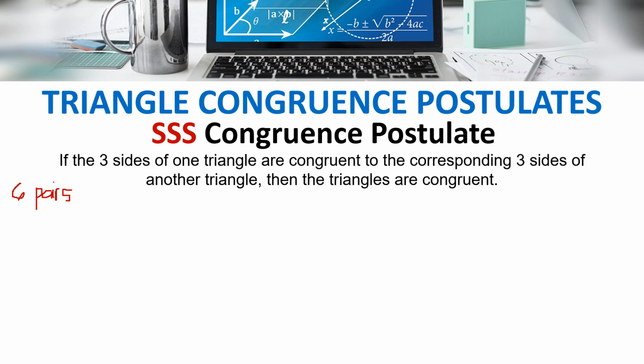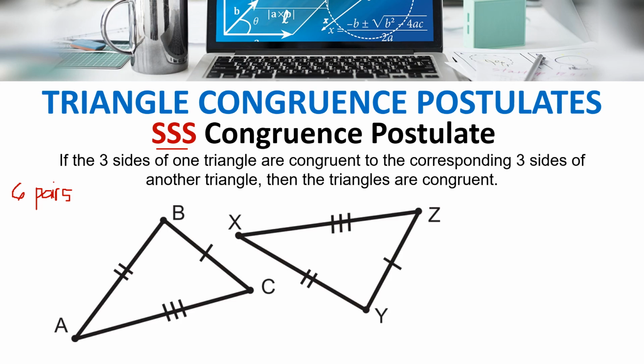Pero sabi sa ating SSS Congruence Postulate, yung tatlong sides lang daw is enough for us to conclude na congruent nga yung dalawang triangles. So, let's take a look at this example. Okay, ayan na naman, no? So, may markings yung ating triangle. So, itong may single line mark corresponds to this one.